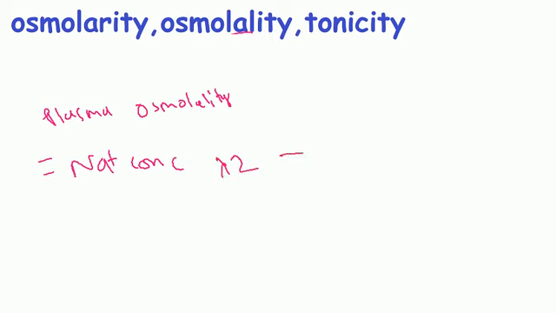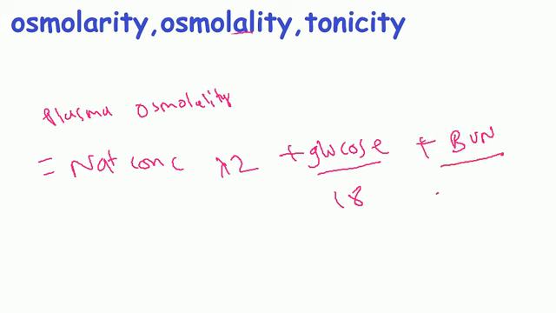Now we have a formula for plasma osmolality which we have to learn, and there is no mnemonic. Plasma osmolality is equal to sodium concentration into 2, plus glucose divided by 18, plus blood urea nitrogen divided by 2.8.